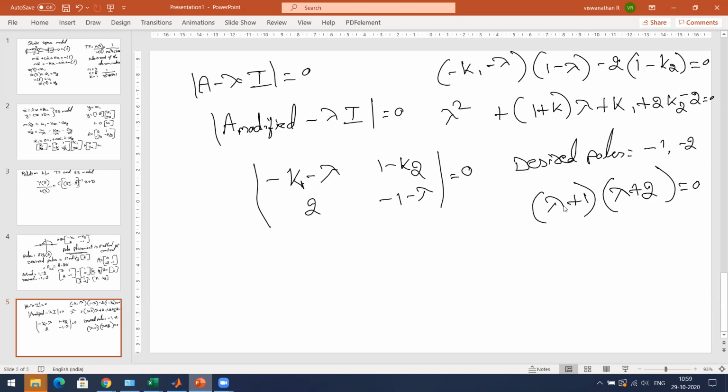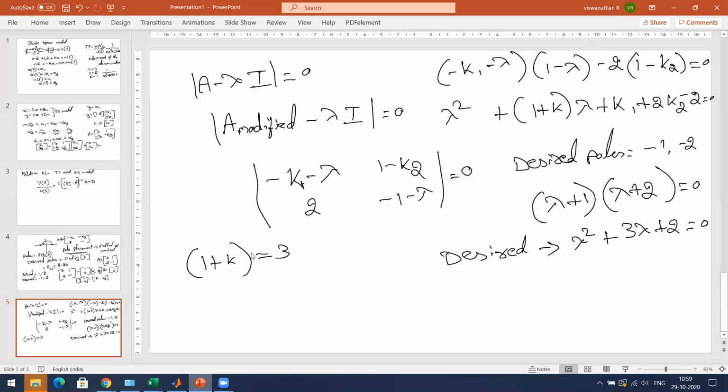Now if you multiply this, what do you get? Lambda square plus 3 lambda plus 2 equal to 0. So this is the desired one. Now if you compare this equation with this, then what you get is 1 plus K must be equal to 3.